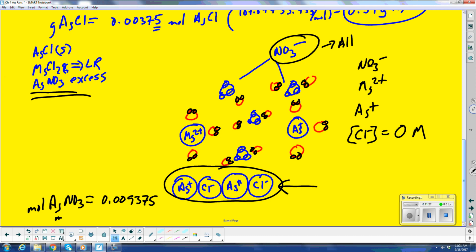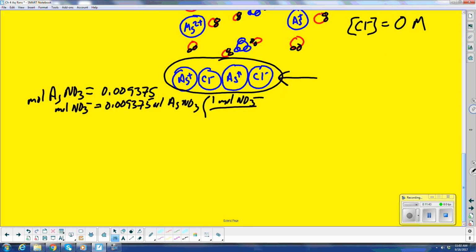So how many moles of nitrate did I start with? Well, 0.009375 moles of silver nitrate times my mole ratio, 1 mole of nitrate per 1 mole of silver nitrate. And so I would end up with 0.009375 moles of nitrate.